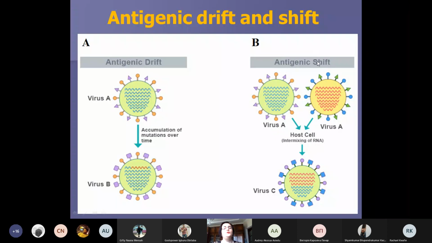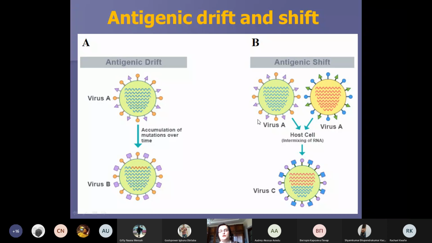Antigenic shift. What does it mean, antigenic shift? It's one of the most dangerous processes, because exactly due to shift there can be pandemics. Antigenic shift is a sudden, drastic change in an influenza virus's antigen, usually hemagglutinin.